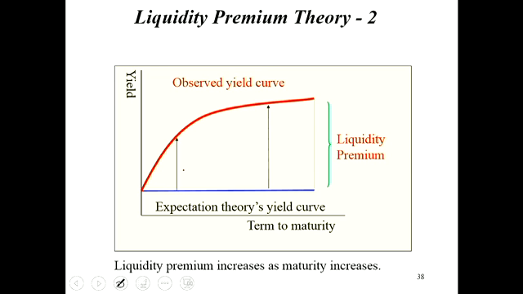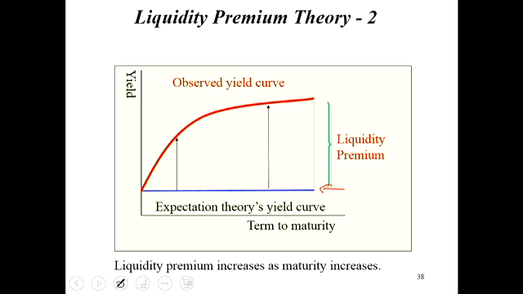And so the idea is that even if the underlying expectation curve was completely flat, and so that's this blue one along here, even if we did not expect any change at all in the interest rates going forward in time, we still see an upward sloping yield curve because there's this systematic change in risk with time to maturity.